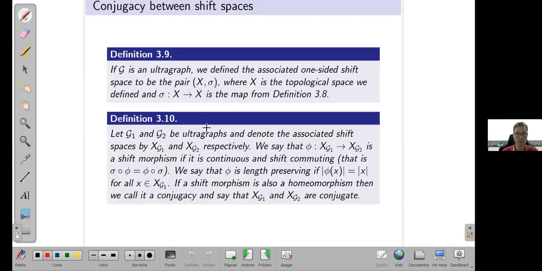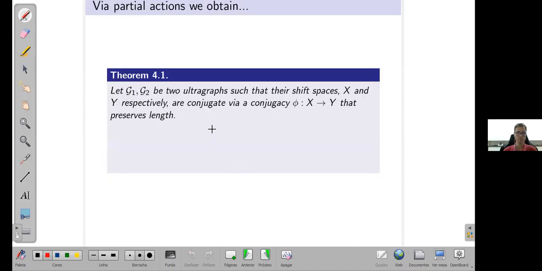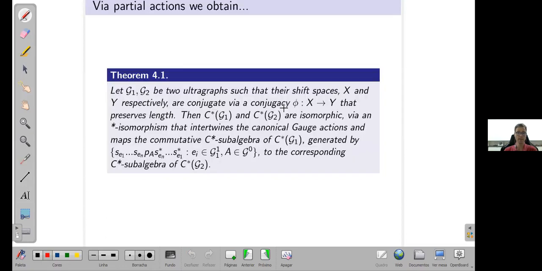So with Danilo Royer, we have proved some results about conjugacy. If the shift spaces are conjugate, then the C*-algebras are isomorphic, and actually this isomorphism takes diagonal to diagonal and intertwines the gauge actions. And a similar result holds for Leavitt path algebras.